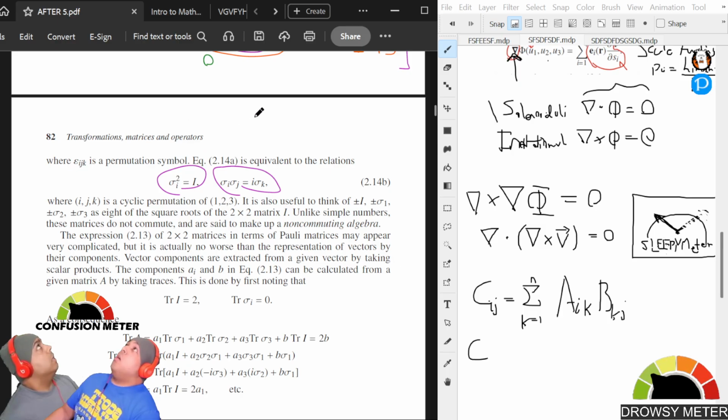I know commutative law is A plus B equal B plus A. So not commute. Unlike simple numbers, these matrices do not commute.